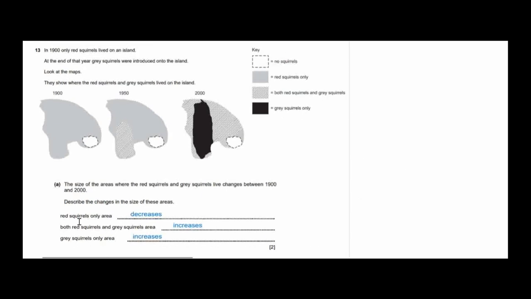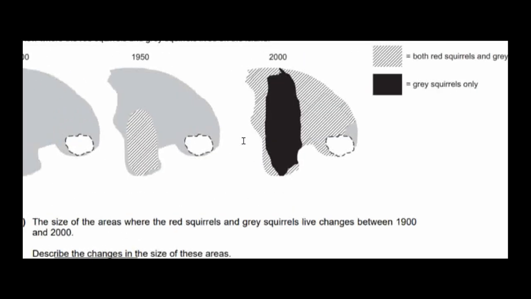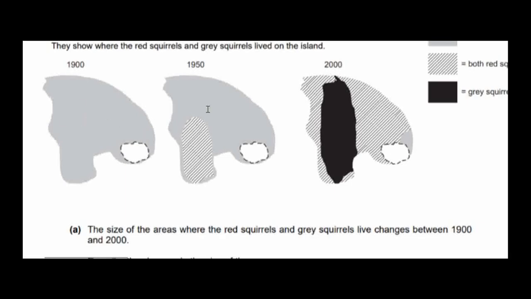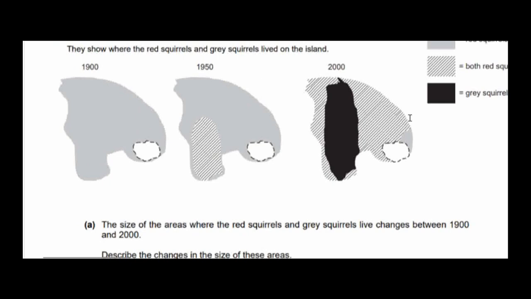Right, so red squirrels only area decreases. That's this one. From very less. So this is represented by this one, and here is really small. The red squirrel here decreases and it becomes very small here. That is for red squirrel.